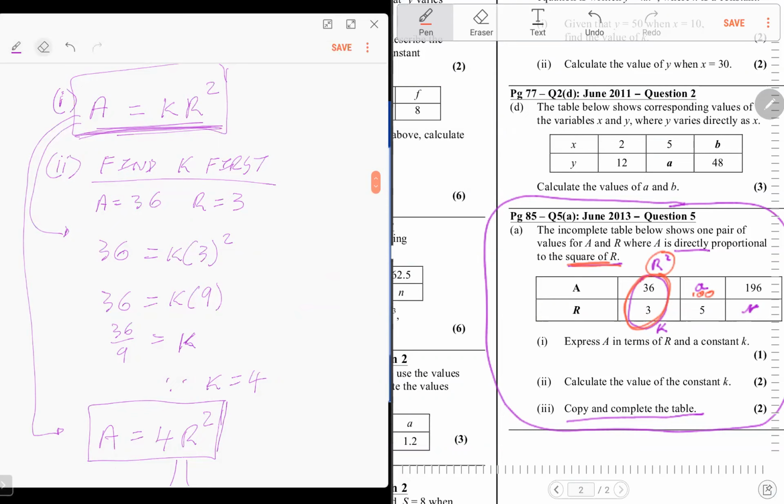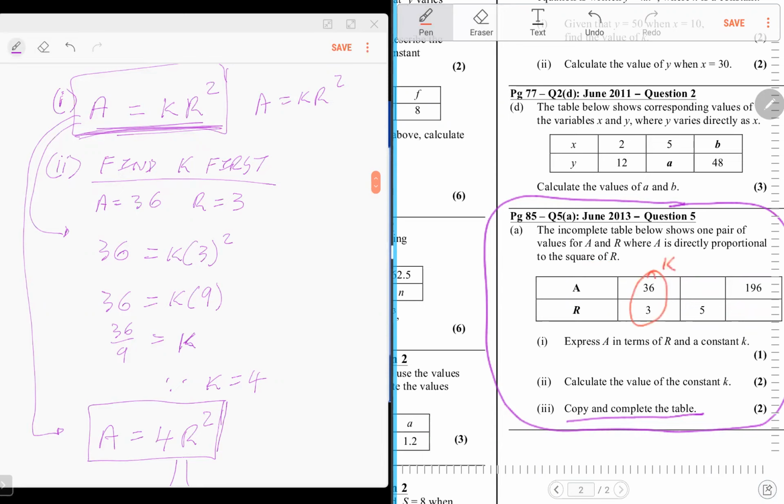So since this question said A is directly proportional to the square of R, square of R simply means R squared. So you could have said A is directly proportional to R squared. That is why we wrote this: A is equal to K times R squared. And then you use this pair of values that they gave you in the table to find the K value.